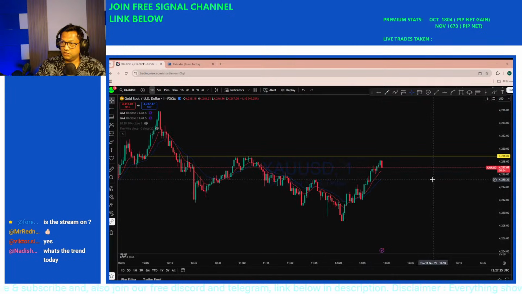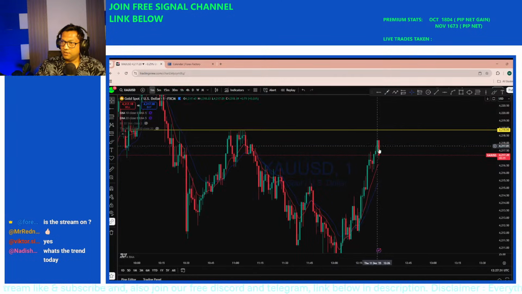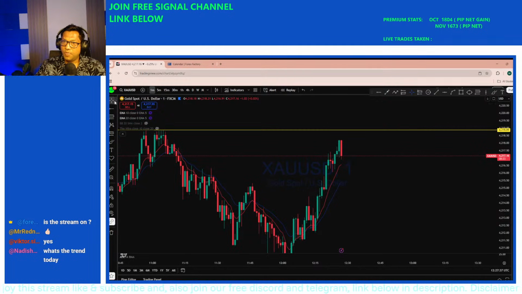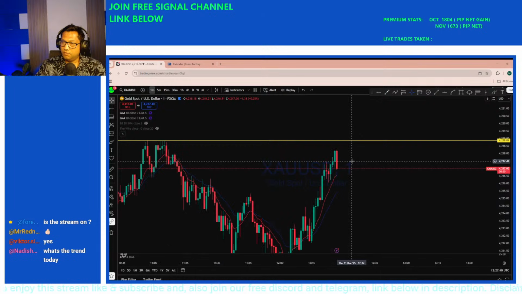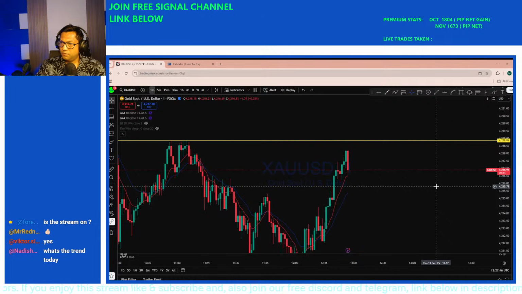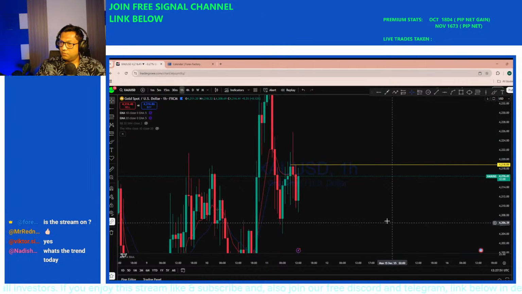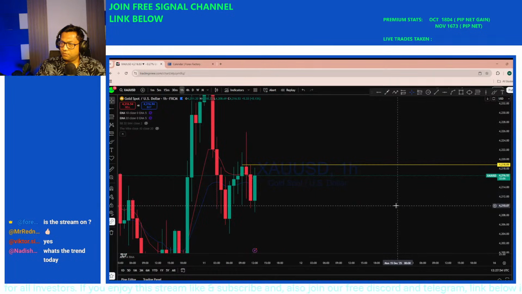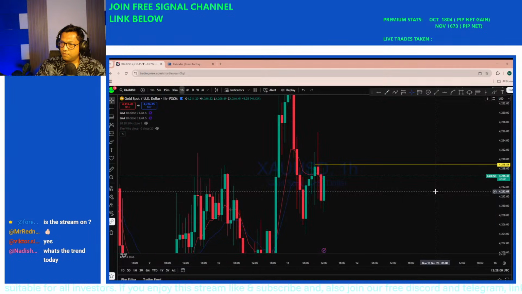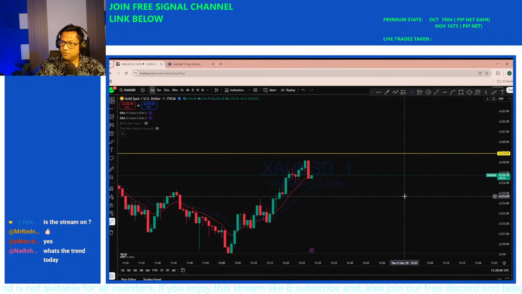This is a level where the market can reverse back again from this key level. So the market structure that you can see, this is the 1 minute.